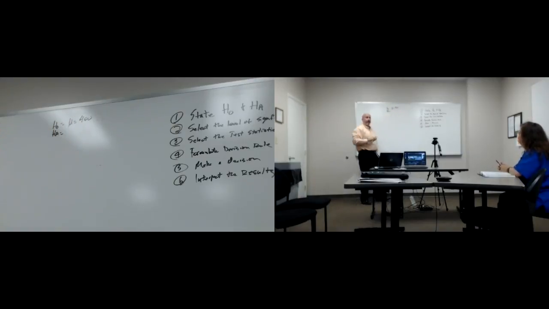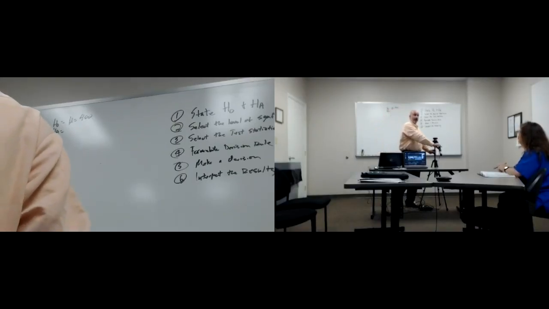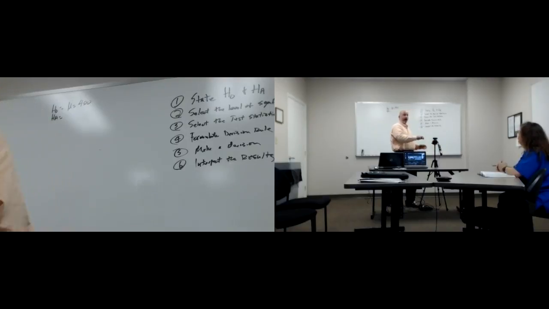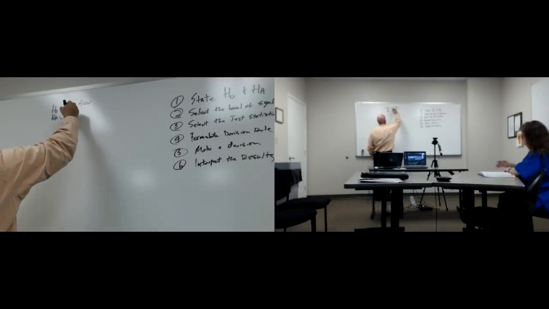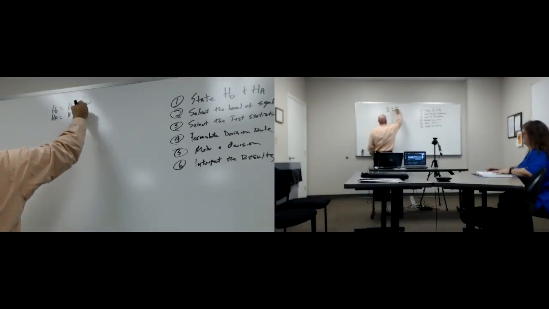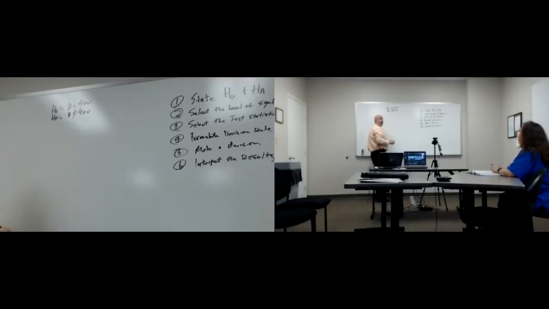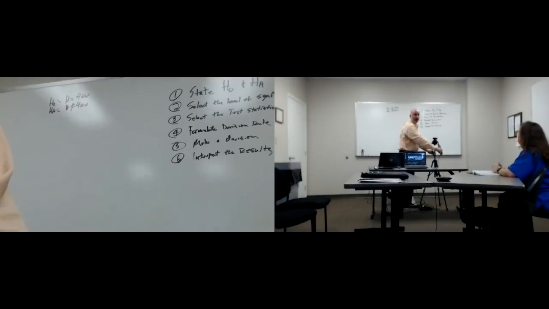Now remember, the alternate hypothesis is the opposite. If the null hypothesis is proven to be not true, then the alternate hypothesis must be true. So the alternate hypothesis would be that it is not equal to 400.